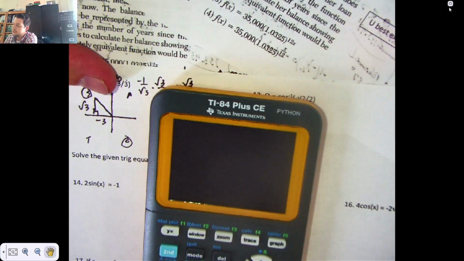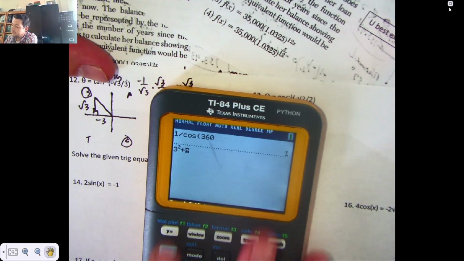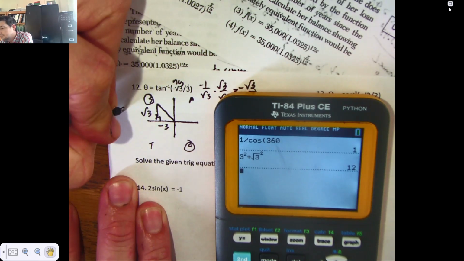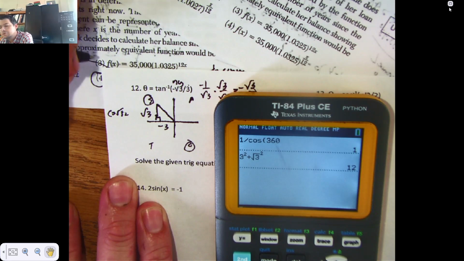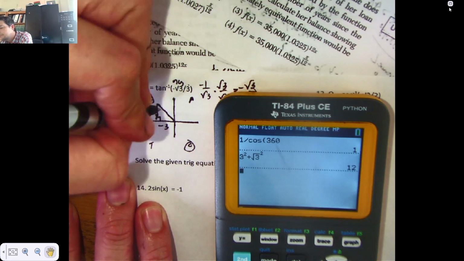What's missing? You go off and you do a little bit of Pythagorean theorem, and I think what you'll discover is that you're missing maybe, I don't know. We'll see. We do what? 3 squared plus root 3 squared, root 12. Root 12 is 4 times 3, so this is 2 root 3.